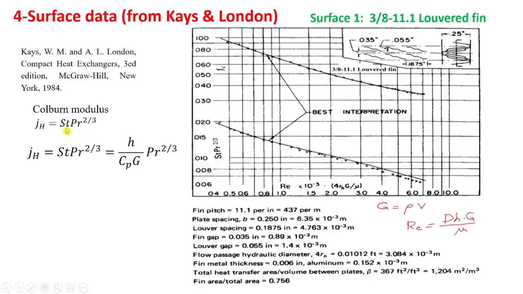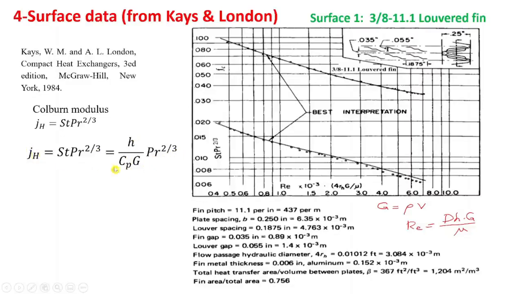Stanton number is the Nusselt number divided by Reynolds multiplied by Prandtl. If you substitute for the Stanton number, you get the Colburn modulus as the heat transfer coefficient divided by Cp times G multiplied by Prandtl number to the 2/3.